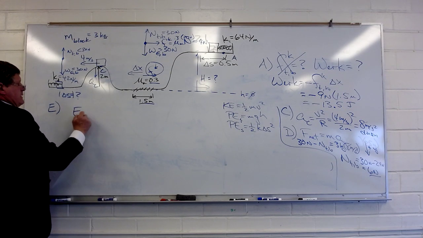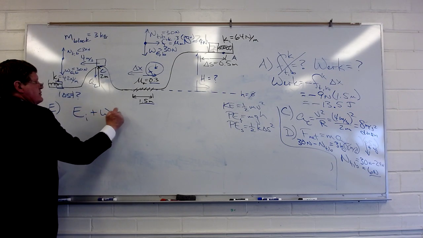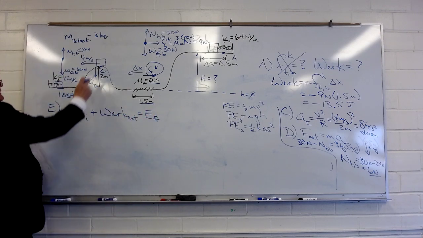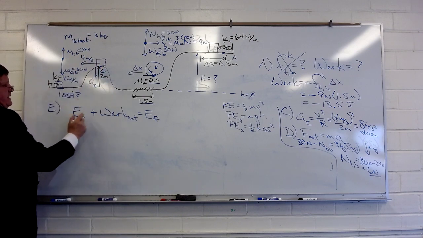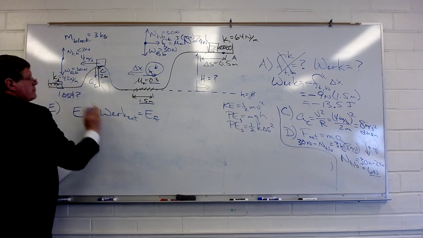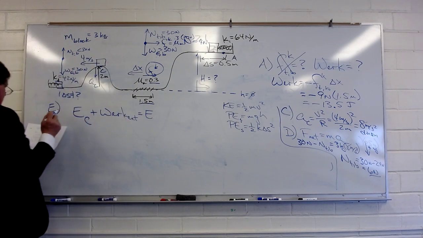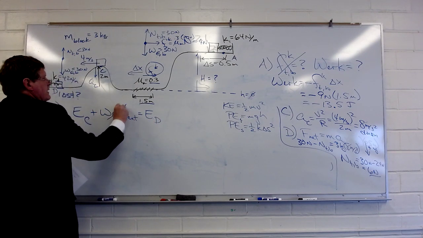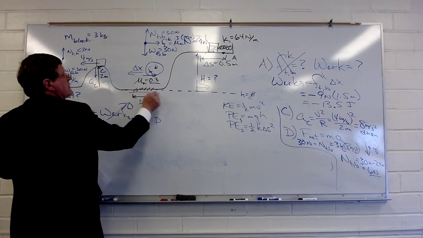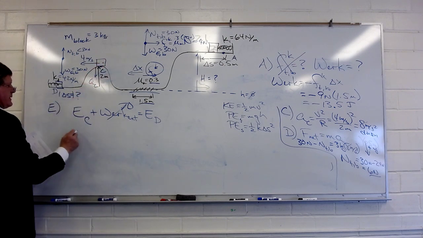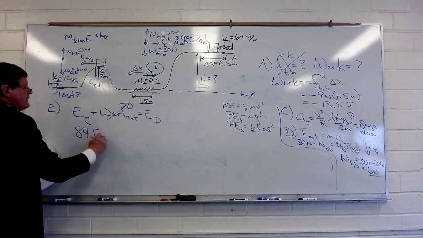Well, again, this will now be part E. I use my Wfric energy equation. I'm going to take my initial case to be here because I know how much energy there is there. I'm going to take my final point to be where it stops at point D. And there's no Wfric in between because the Wfric was all over here with that friction. And so the energy, we found that the energy up here was 84 joules.